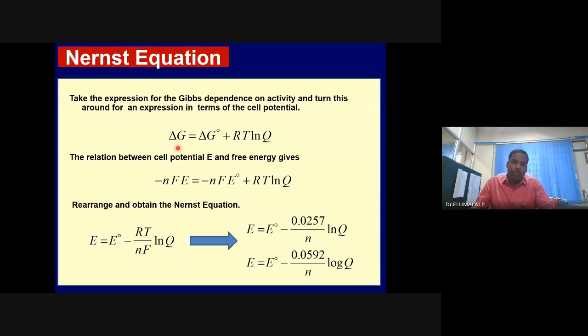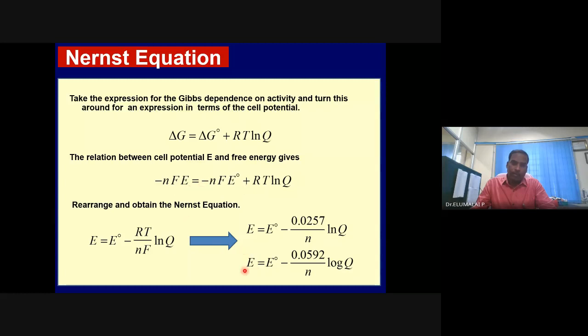So now we know that the Gibbs equation connects delta G to cell electrode potential. So you replace delta G by minus nFE, delta G naught by minus nFE naught, because n and F are constant. You keep RT ln Q. You rearrange.